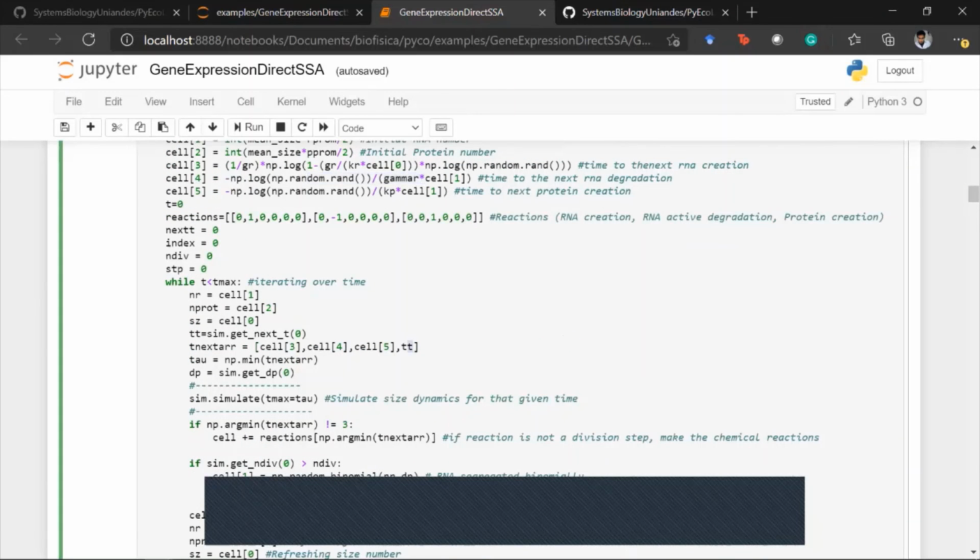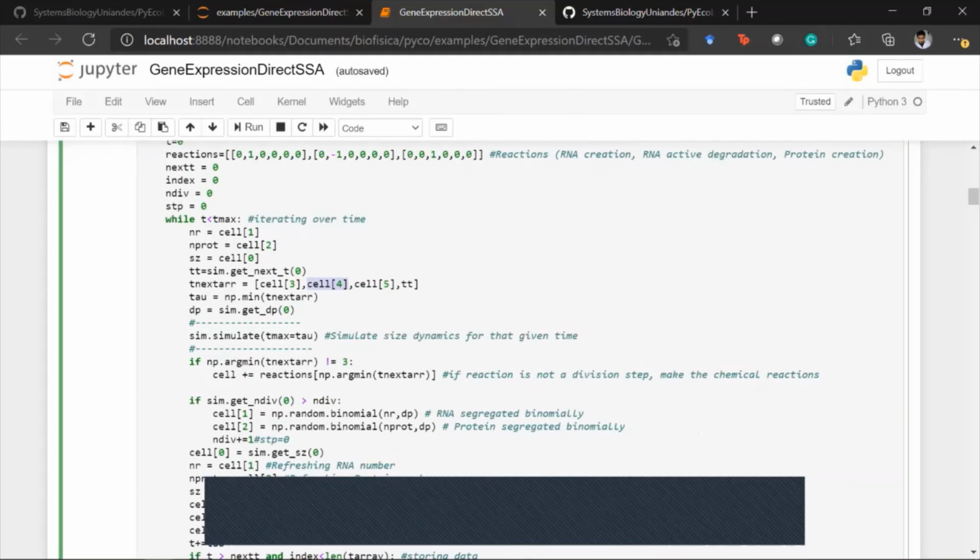So you take those times, you get the minimum time of these 4 times, and taking that minimum is going to give you what reaction is going to happen.